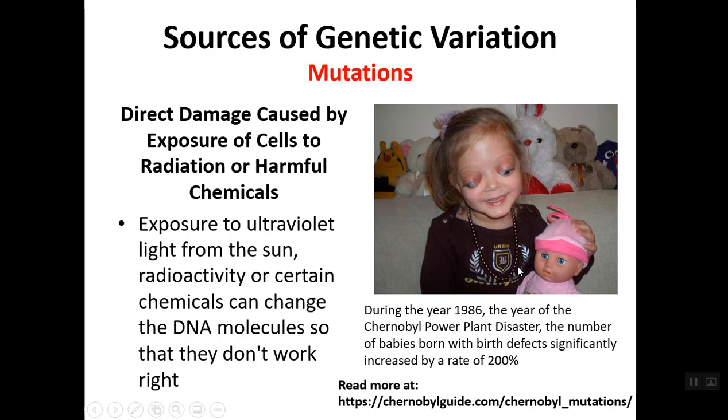And many children were born with malformations during that time because a lot of radiation was released in the environment. This radiation affected lots of people, and when you affect especially a developing embryo with mutagenic agents such as radiation or chemicals, this developing embryo is much more susceptible to malformations than an adult, of course.